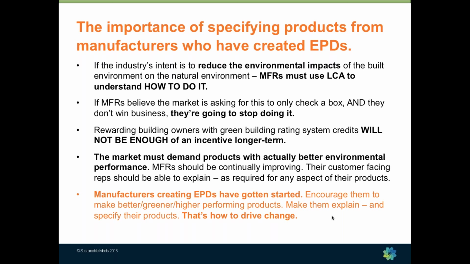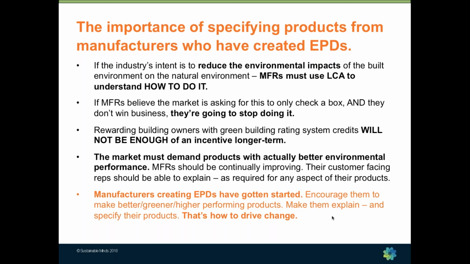And ultimately, their customer-facing representatives should be able to explain the manufacturer's commitment to environmental performance improvement, what they're doing to improve, as that's just part of explaining their products, and they're required to understand every other aspect of their product to get them specified and sold. So why should being able to explain the environmental performance of their products be any different?